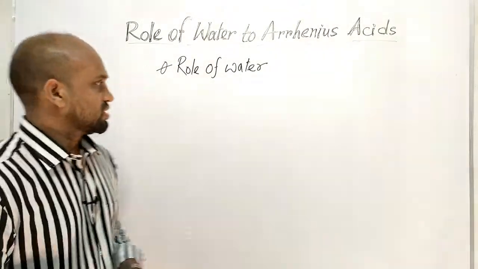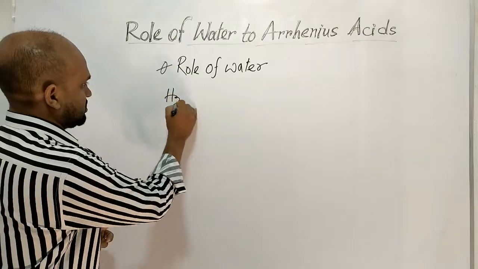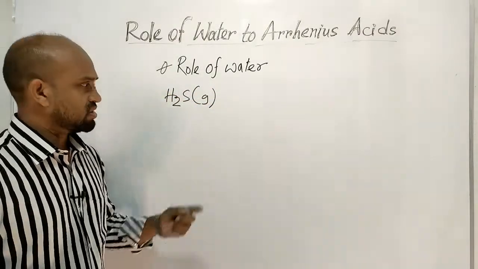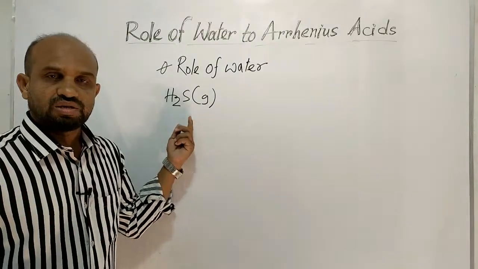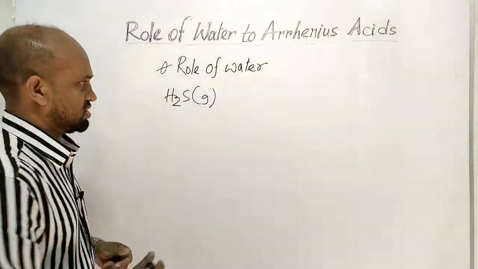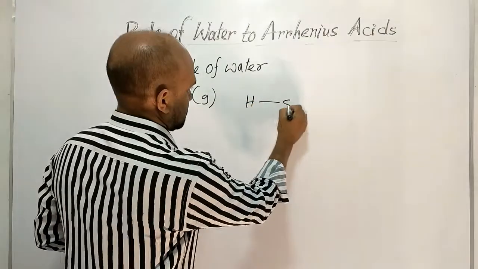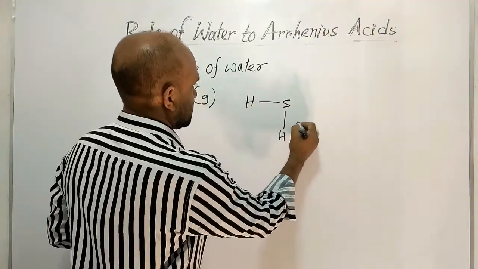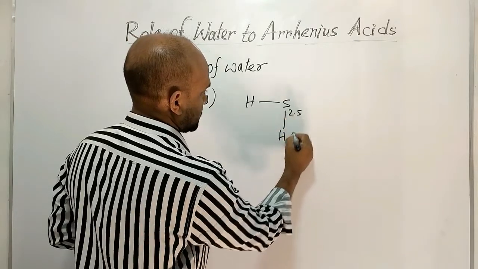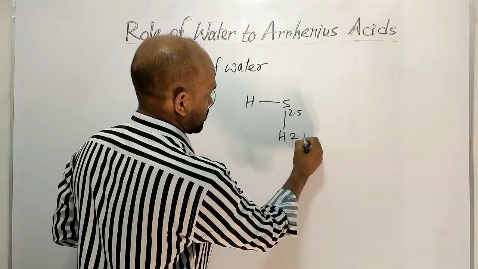Now the compound is hydrogen sulfide, which is gas at normal condition. First of all, let's see the existence of hydrogen sulfide in absence of water. This is hydrogen sulfide. Here the electronegativity of sulfur is 2.5 and hydrogen is 2.1.